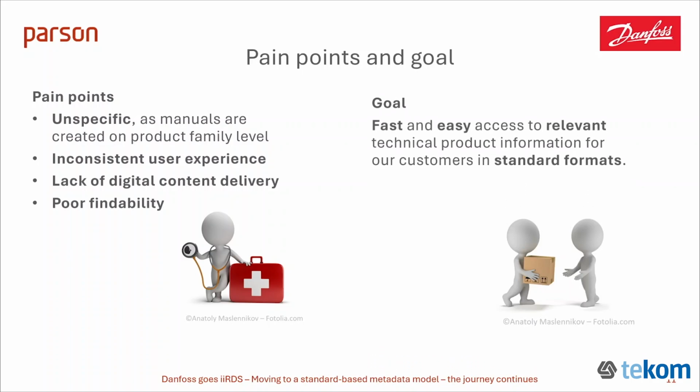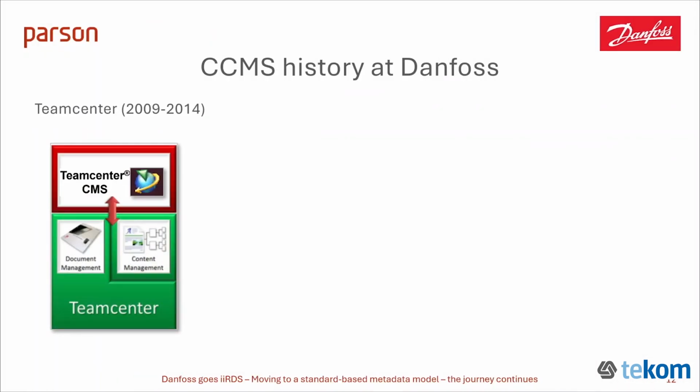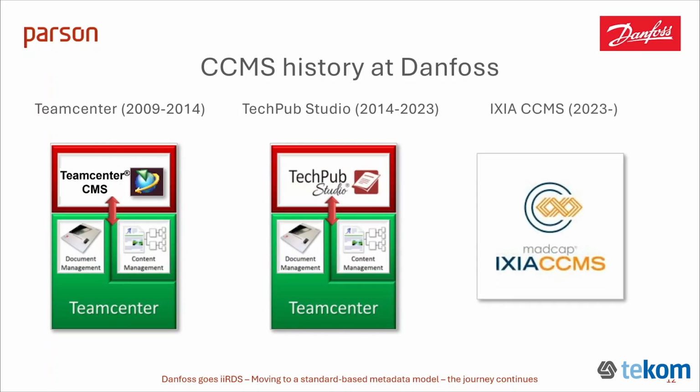So the goal is that we want to establish something where customers can find technical product information, not manuals, but information in standard formats. Just a short history. We went through three different CCMSs to support our journey.